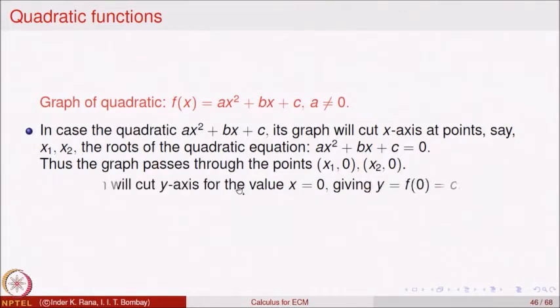All this data can be part of our information. Also, if x is equal to 0, y is equal to c. So, the graph also passes through the point 0 comma c, it cuts the y axis at the point 0 comma c. And it cuts the x axis at up to 2 points. So, these are points of intersection with the two axes.